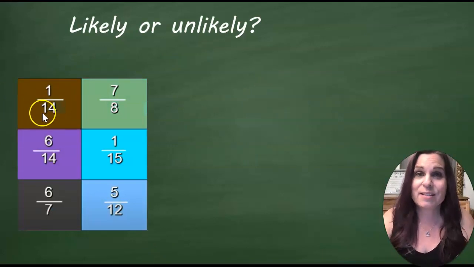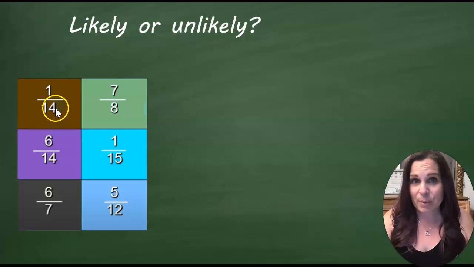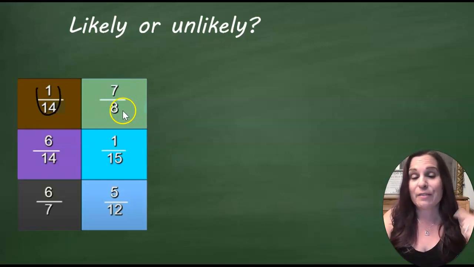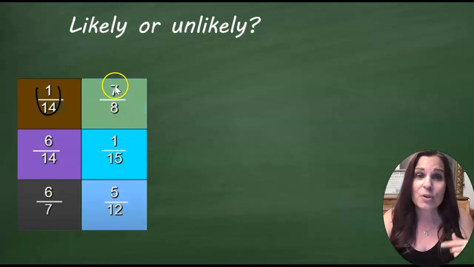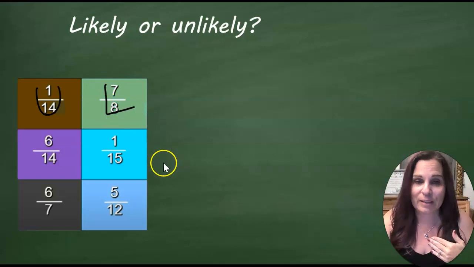Half of 14 is 7. So anything smaller than that on top is unlikely. 7/8. Half of 8 is 4. So anything smaller than 4 on top would be unlikely. Anything bigger than 4, likely.